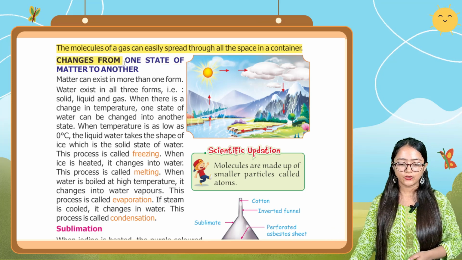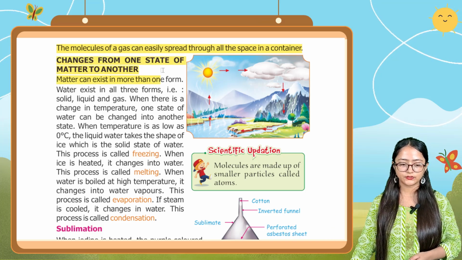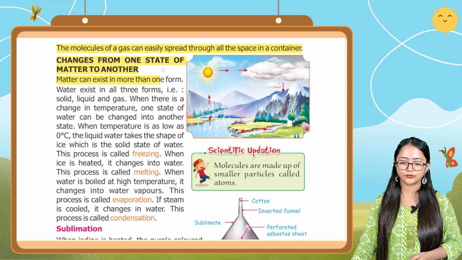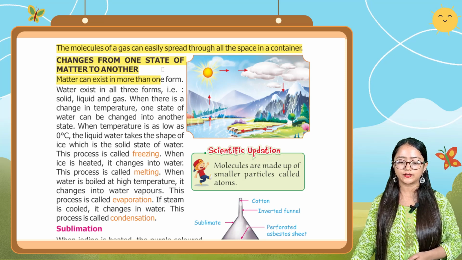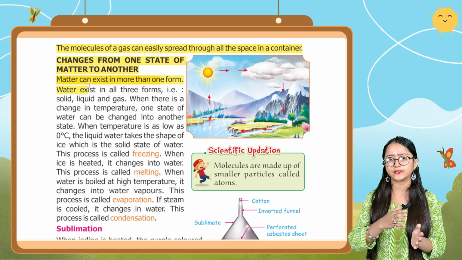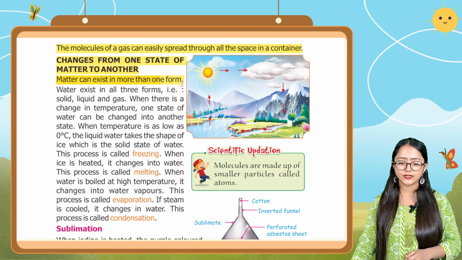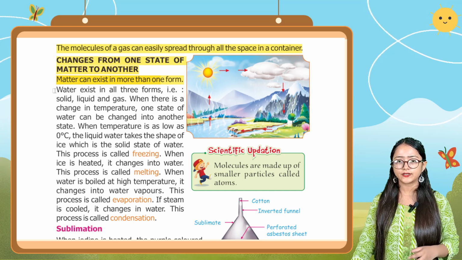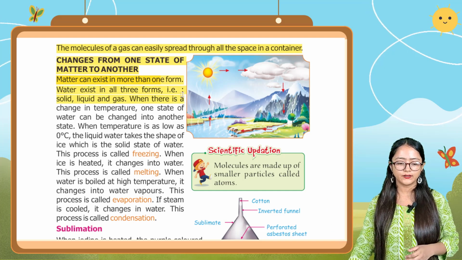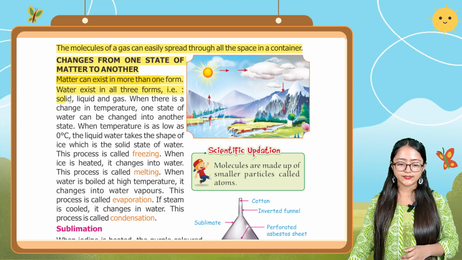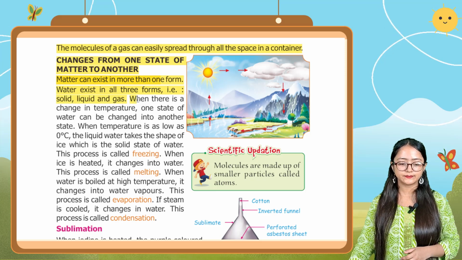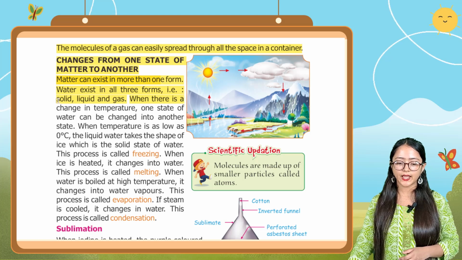Now we're going to talk about another topic, that is changes from one state of matter to another. So how does one state of matter change to another? Matter can exist in more than one form. Water exists in all three forms, that is solid, liquid and gas.